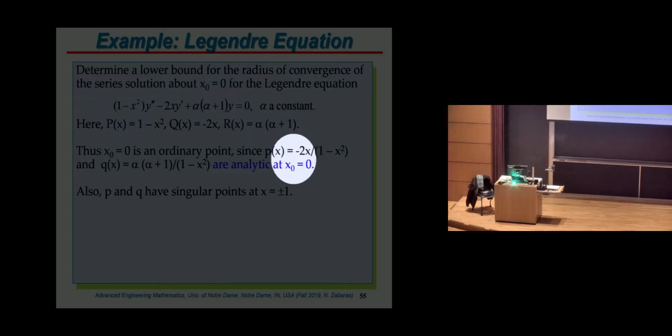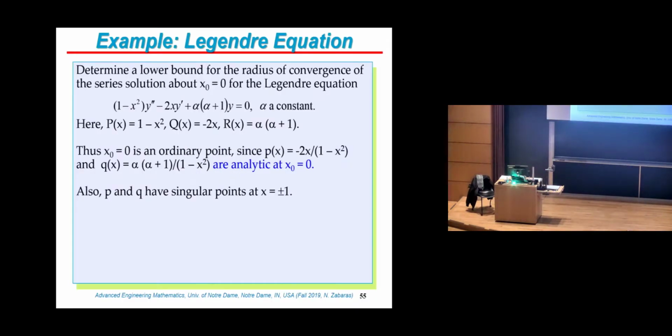So this is an ordinary point, which means the functions little p and little q are analytic around x0 equal to 0. Little p is minus 2x divided by 1 minus x squared, and little q is alpha times alpha plus 1 divided by 1 minus x squared.